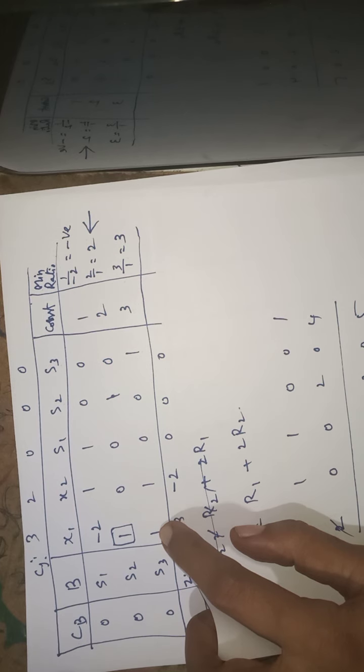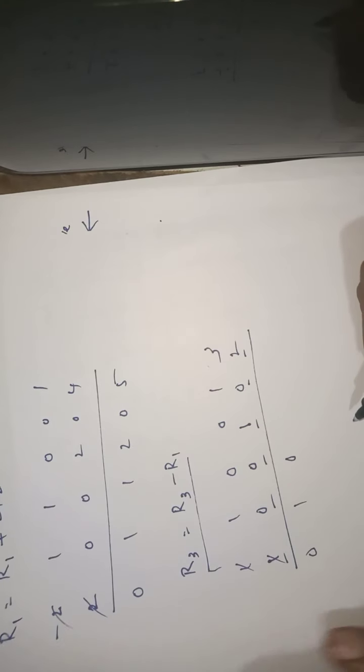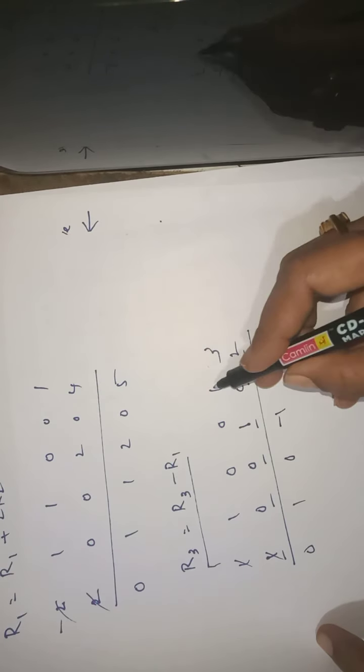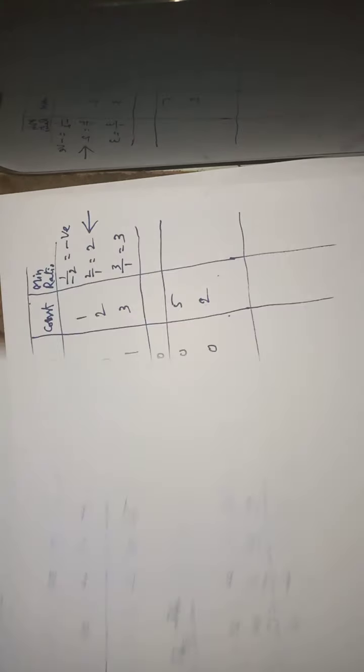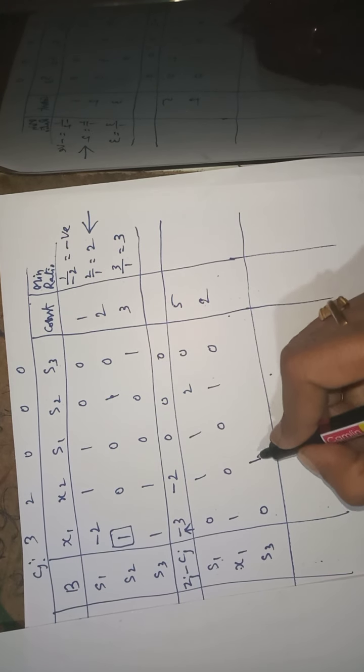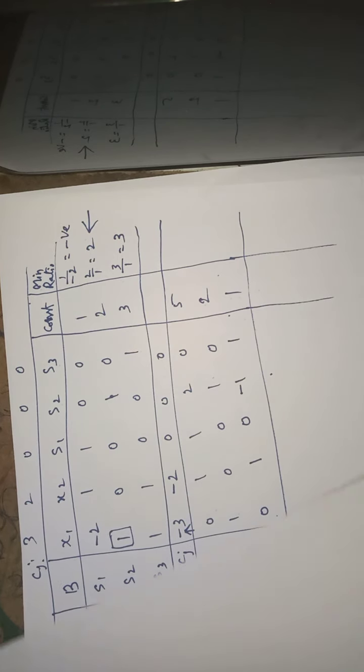R3 minus R1 means R3 is 1 1 0 0 1 3, minus R1 which is 1 0 0 1 0 2. 1 minus 1 is 0, 1 minus 0 is 1, 0 minus 0 is 0, 0 minus 1 is minus 1, 1 minus 0 is 1, 3 minus 2 is 1. Now 0 1 0 minus 1 1 1.